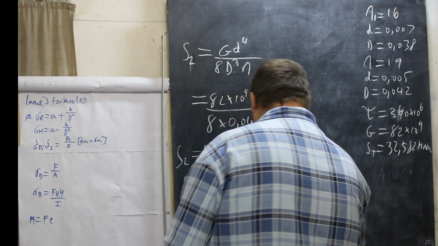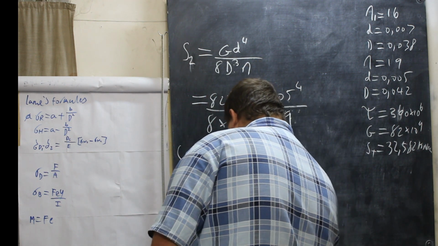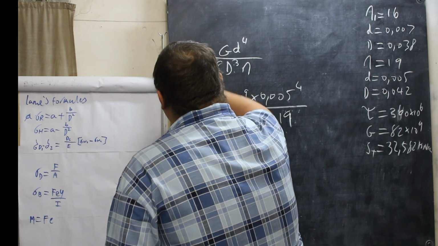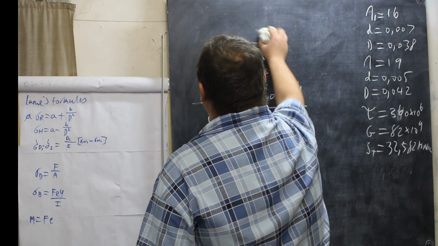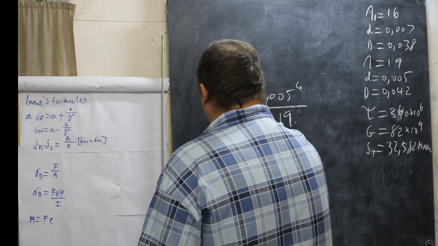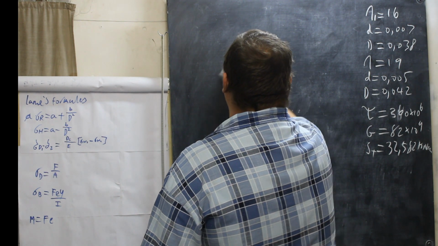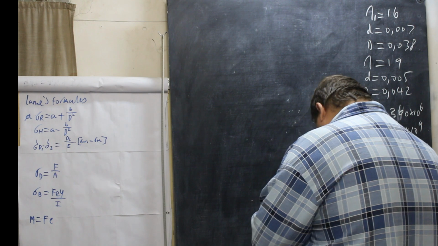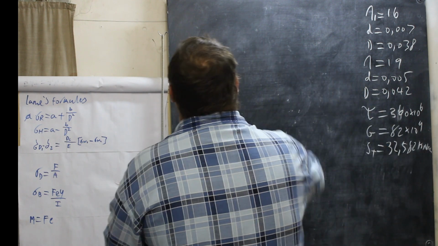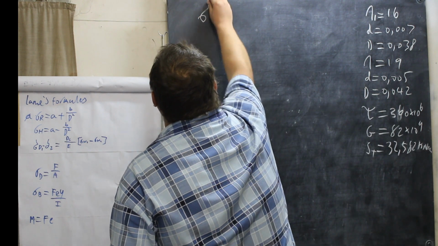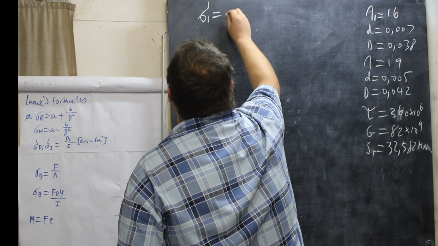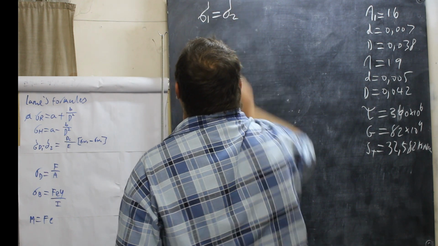Next thing we do is the load on the springs. So what we will do is take the deflection of the springs. So deflection 1 is equal to deflection 2.